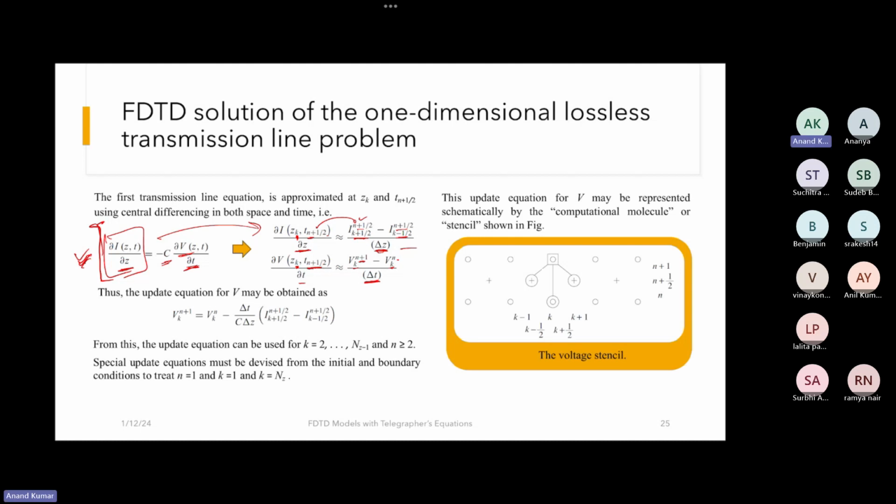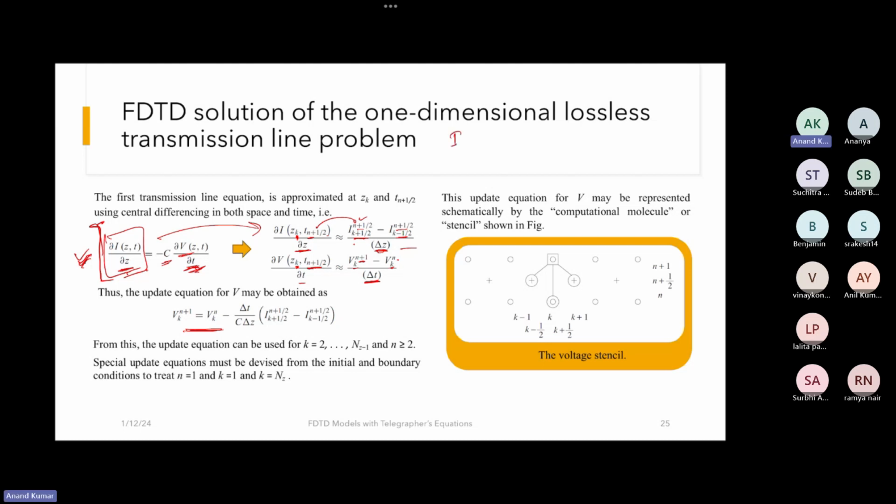Okay, so once we have discretized these two derivatives, we can substitute them back here and evaluate. We will get an expression like this, so let me write it for you.